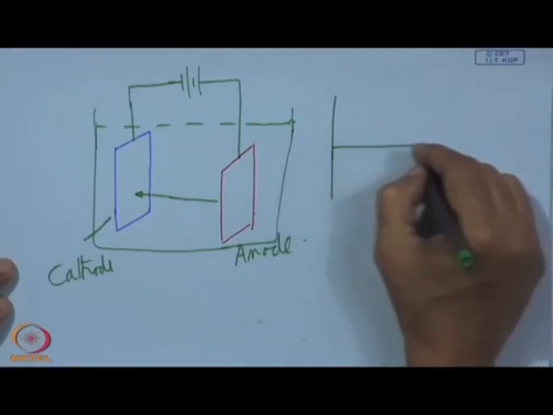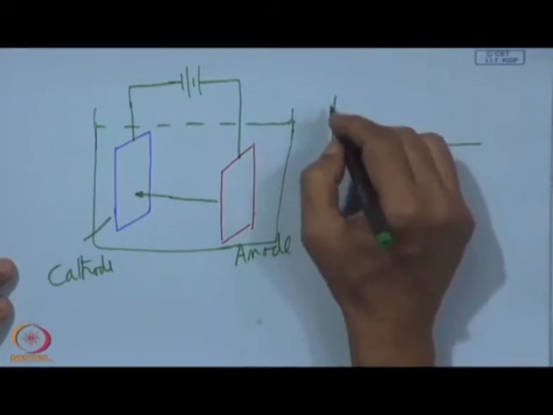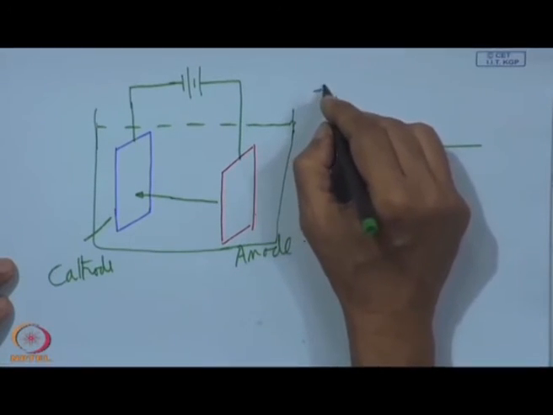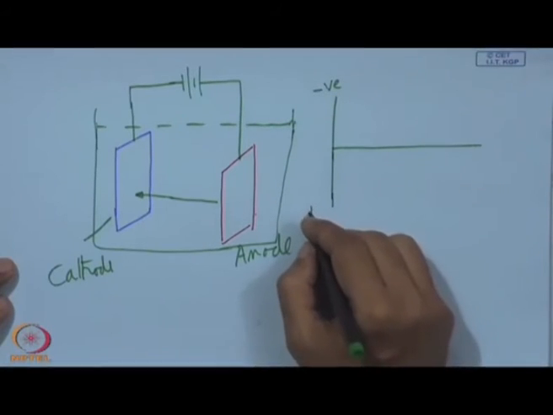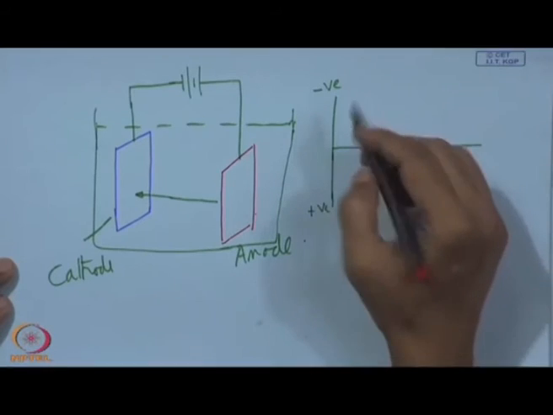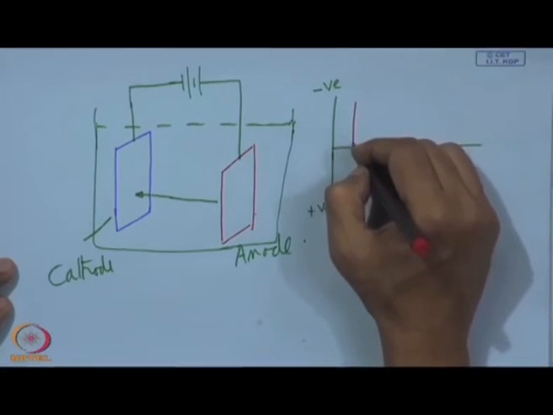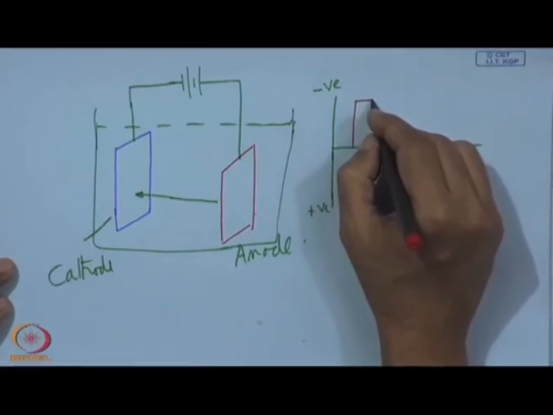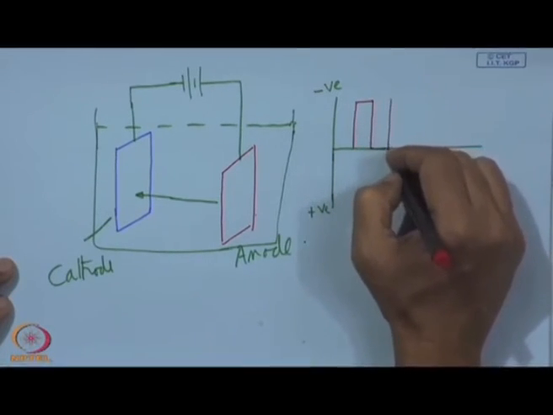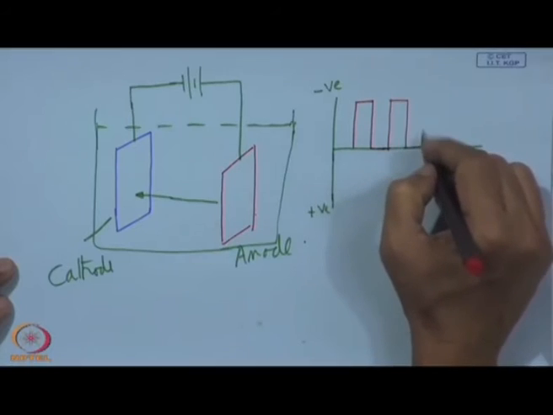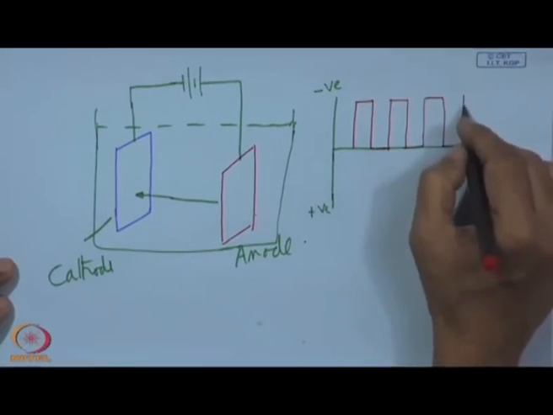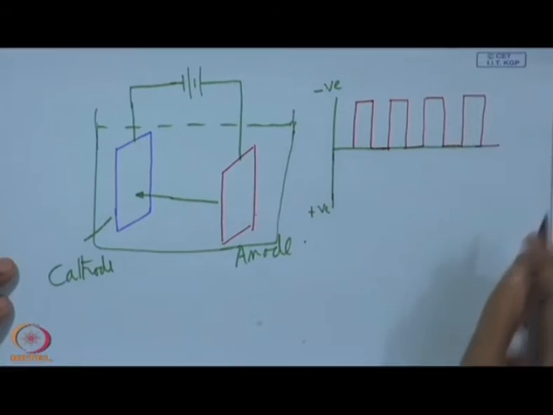Say this is the voltage or current distribution, and that is negative, and this side is positive, and what we have is a pulsation like this. It can be something like this. It goes on. Now, this is just by way of illustration.